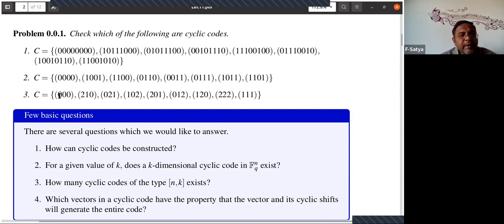Each element has 3 choices, so 3 into 3 into 3, 27. But here how many are there? 1, 2, 3, 4, 5, 6, 7, 8, 9. A linear code is a subspace, so the count should be a power of 3; here it is 3 square, which is satisfied. But still we need to check.